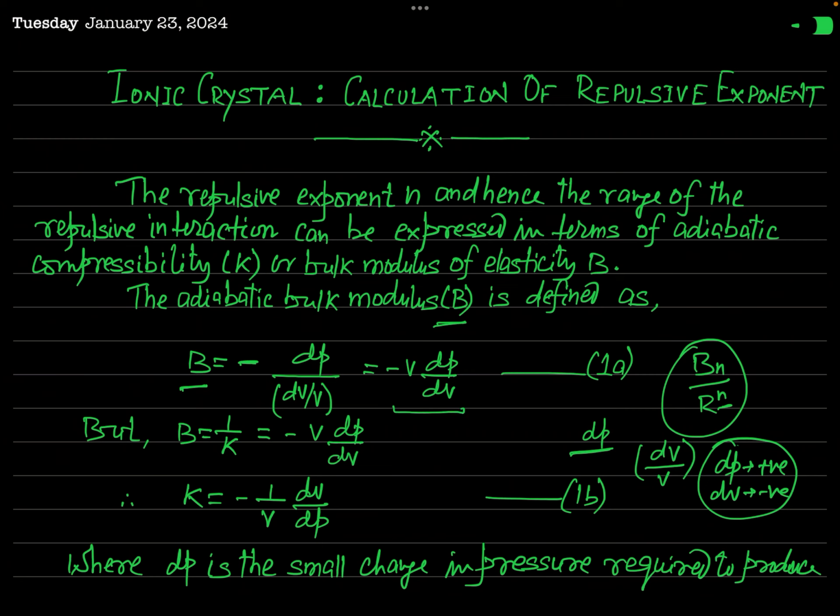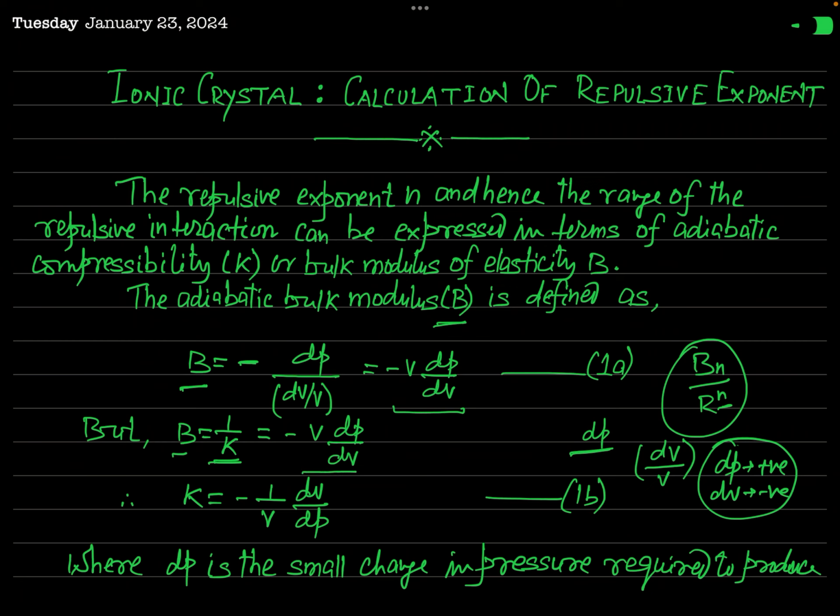As you know, the adiabatic compressibility is simply the reciprocal of bulk modulus of elasticity. So if K is the adiabatic compressibility, then 1 over K is equal to B. And so you can say that 1 over K is equal to minus V times dP by dV.